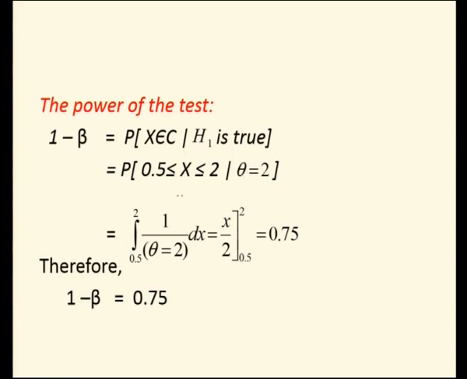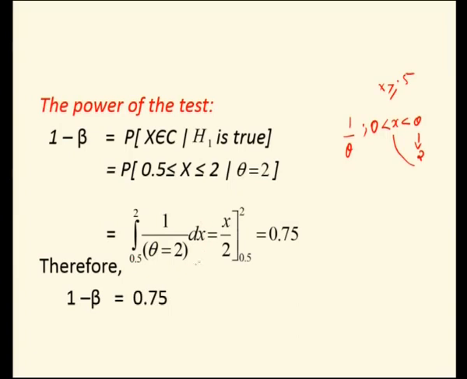So, here the limit is going to be 0.5 to 2, because here theta is equal to 2 and your limit for your density function is nothing but 0 is less than x is less than theta, theta is equal to 2. The critical region is x greater than or equal to 0.5. So, here the remaining critical region will be nothing but 0.5 to 2.